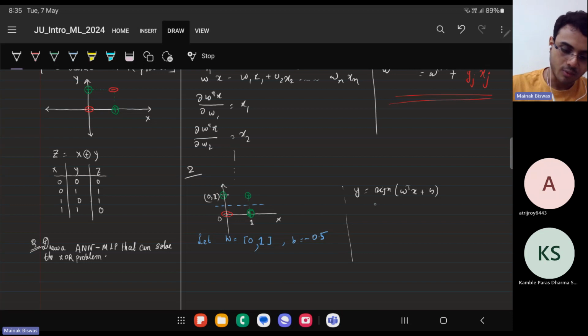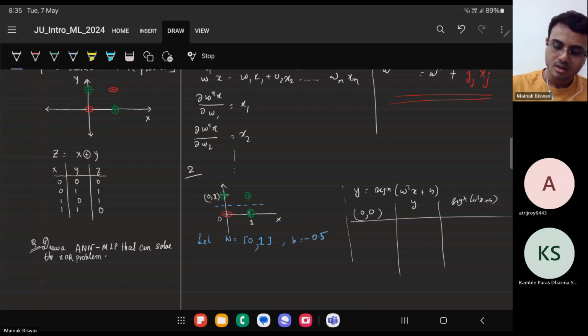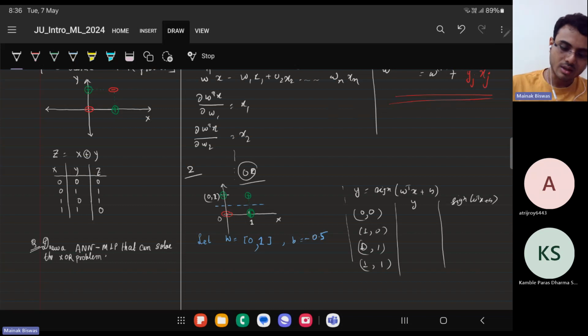What points do you have? 0, 0, your actual Y, your predicted Y or sign of W transpose X plus B. So it's an OR function, okay? 0, 1, and 1, 1, right? So this is 1, this is 1, this is 1, this is 0.